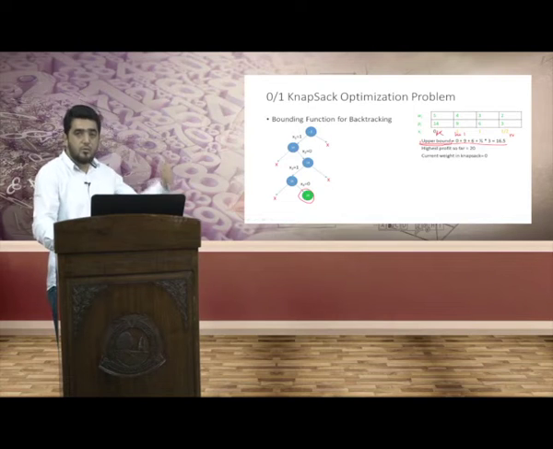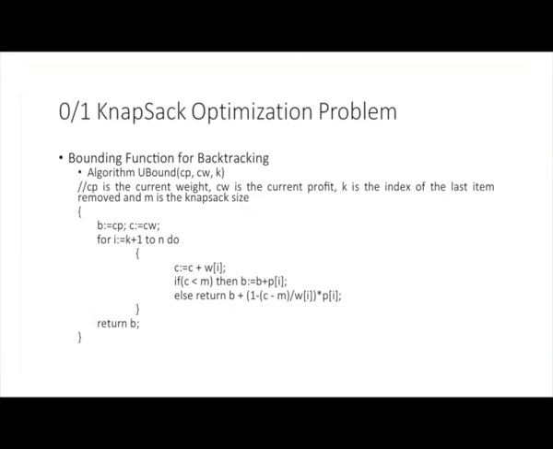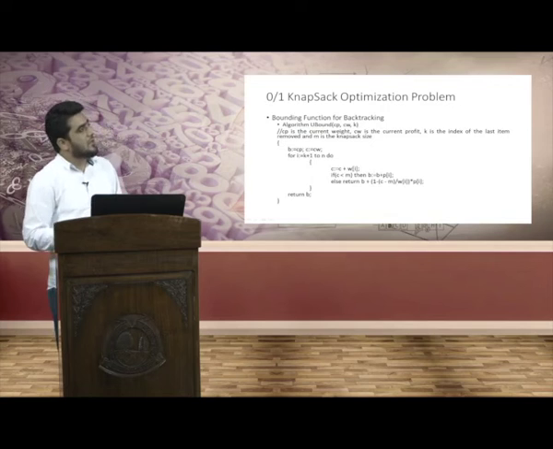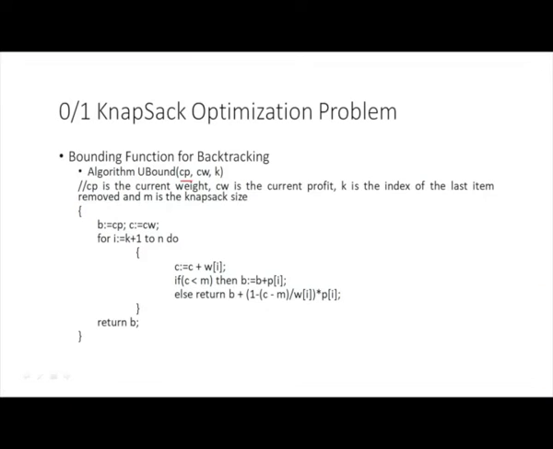So we will first see how we compute the upper bound for item k. This is the pseudocode that helps us compute the upper bound for a particular node k. It has 3 parameters: the current profit, the profit so far that we have obtained, the current weight, so the weight that has already been added to the knapsack, and k, the item number up to which the decisions have already been made whether the item is added or not added to the knapsack.